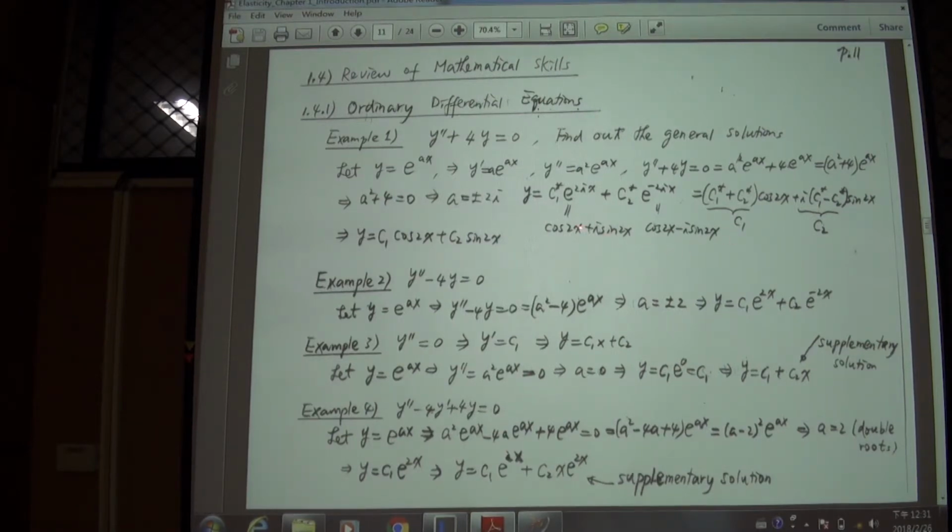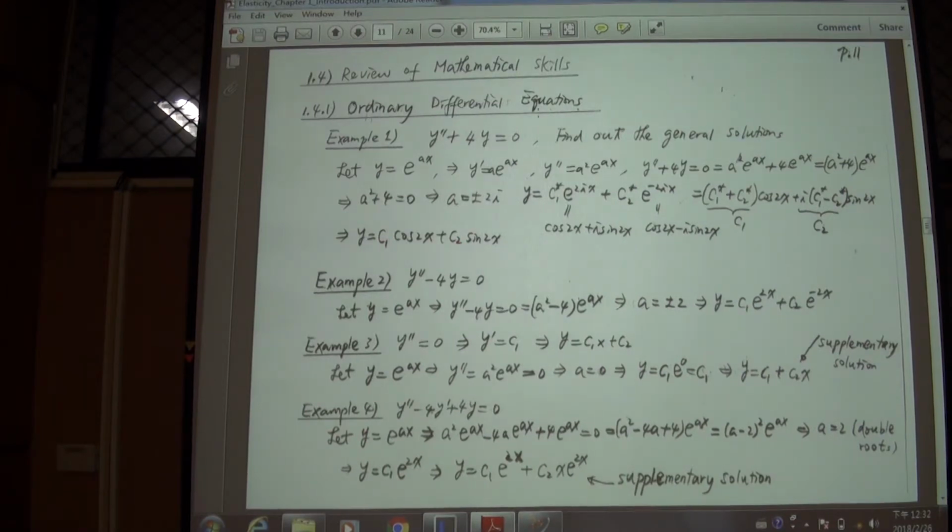So we use the Euler formula to transfer our solution into this form, and in this form we are more comfortable because we don't see the imaginary number again. This is called the general solution, because we have two arbitrary constants inside this solution.